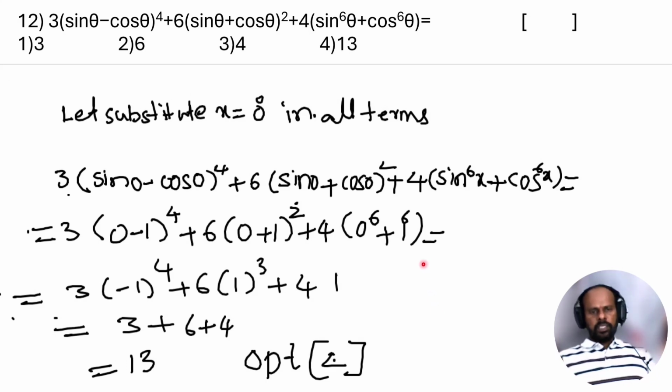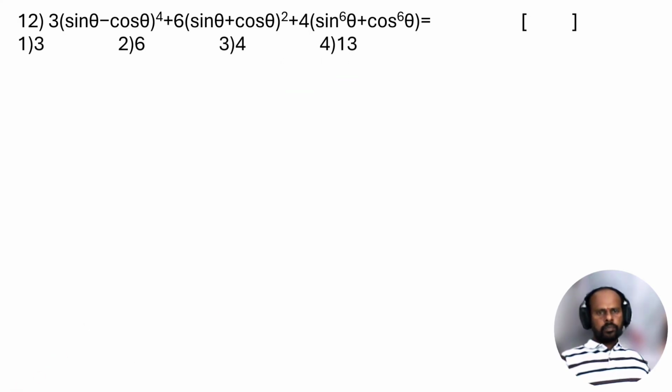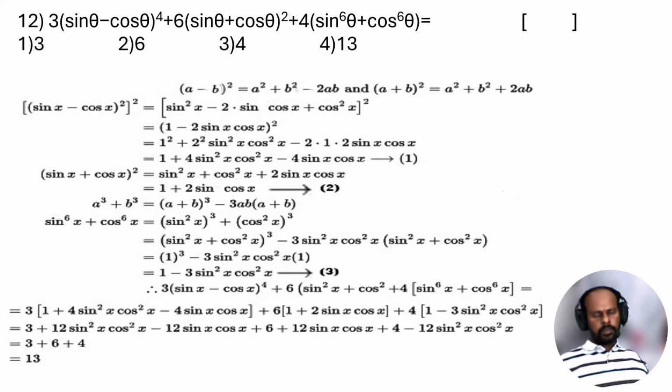The same problem I will explain in the descriptive way of how it will be asked. This is the descriptive method you have to follow for the 12th one, as I already explained in the class. Using these three terms, for the first term use a minus b whole square, for the second term use a plus b whole square, and for the third use the formula a cube plus b cube equals a plus b whole cube minus 3ab into a plus b.